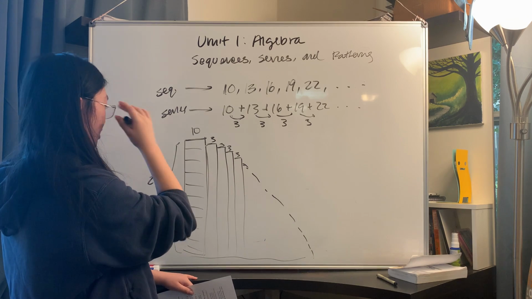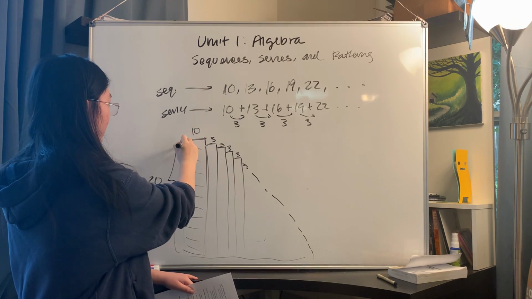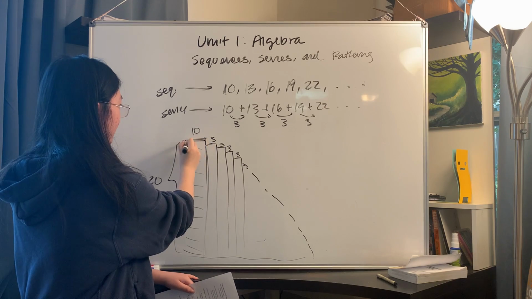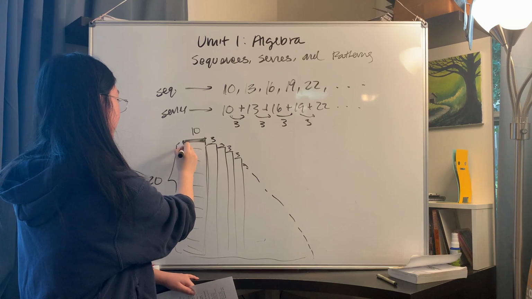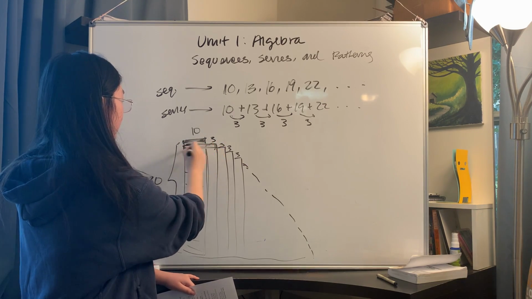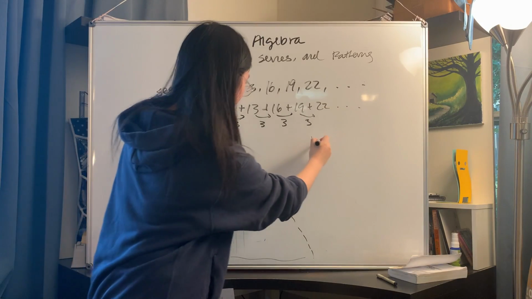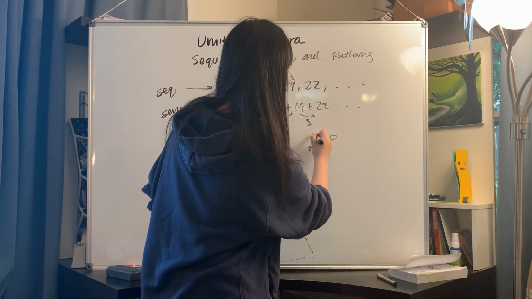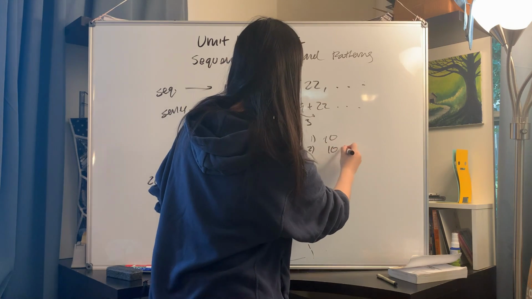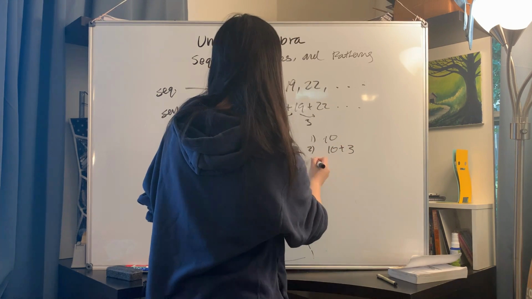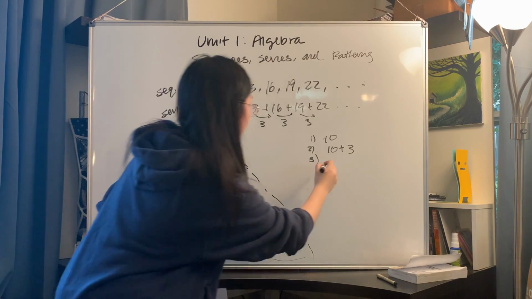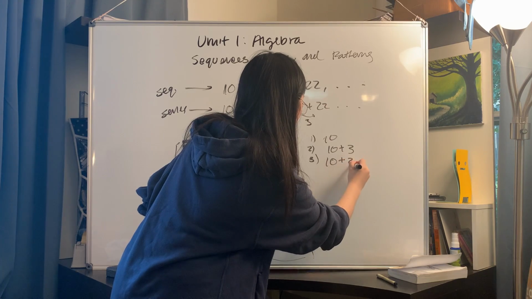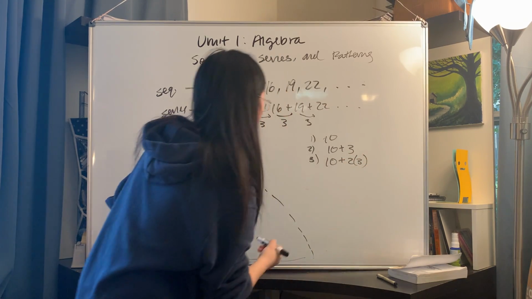For example, on the first day, here's day 1, she receives 10 cents. On the second day, she receives 10 cents plus 3. Third day, right over here, she receives 10 cents plus 2 times 3.